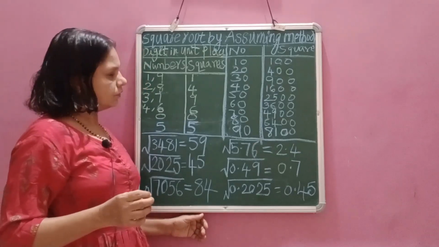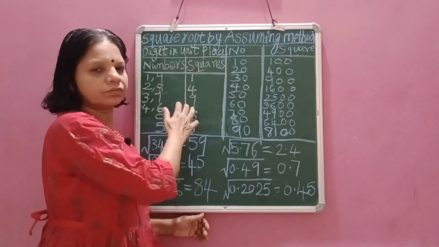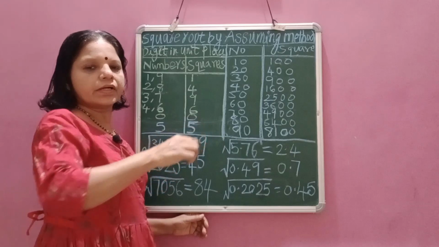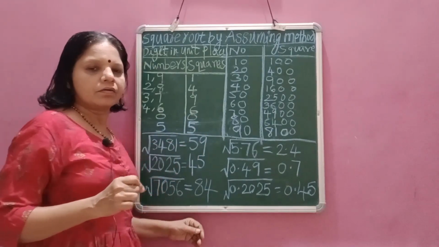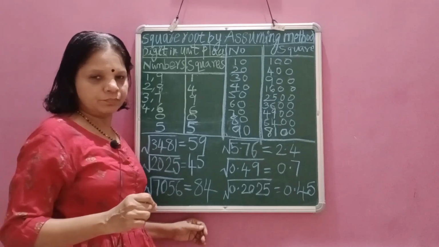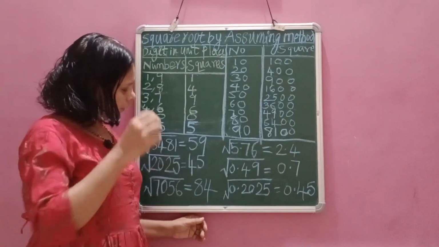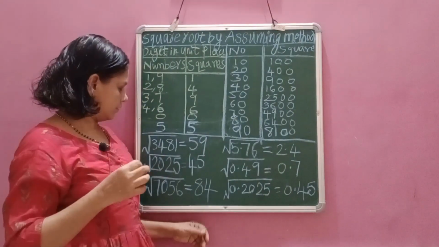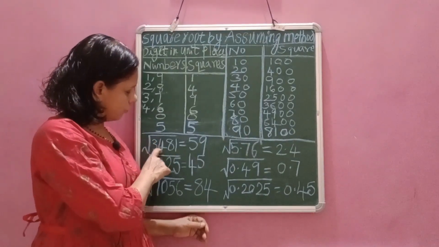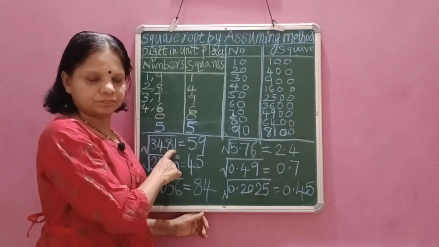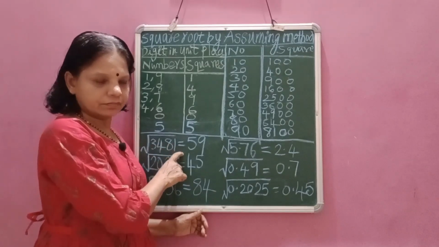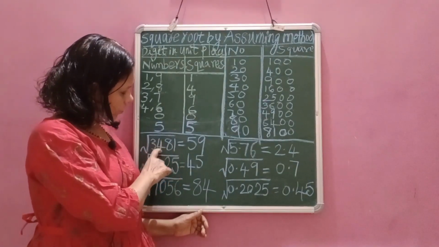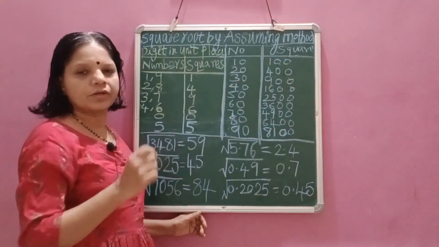Now, from these two tables, you can get easily the square root of a perfect square. Only perfect squares. Here, the first example is 3481. What is the square root?